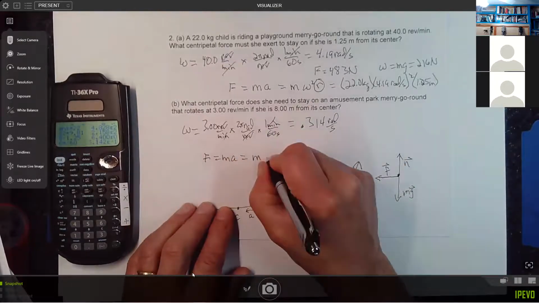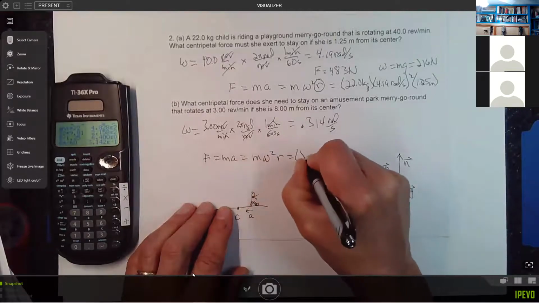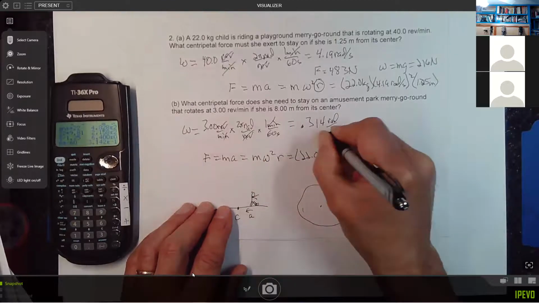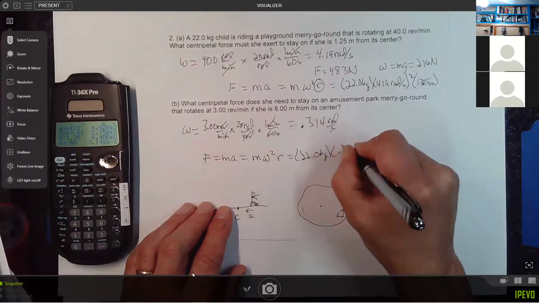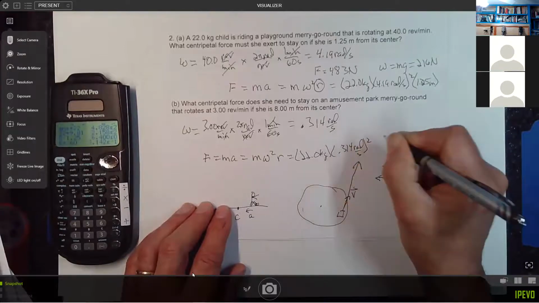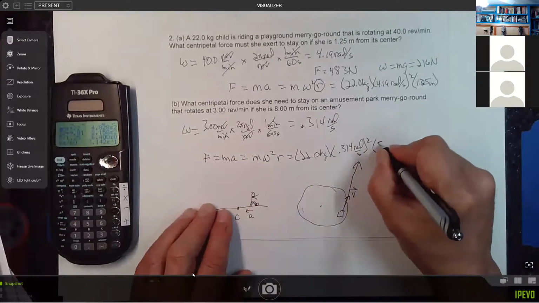So m omega squared r, so those 22.0 kilograms times this slower radial speed, 0.314 radians per second, and that gets squared, that's the omega squared, and then 8.00 meters.